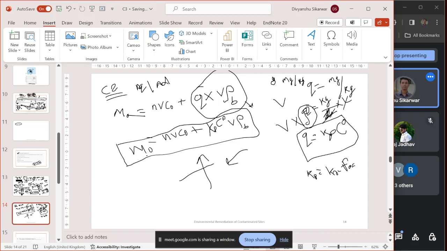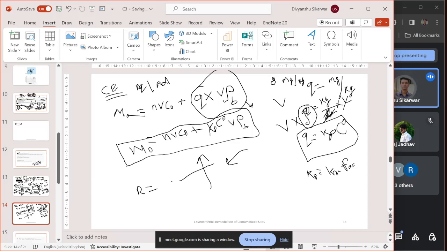So there will be a time difference if the contaminant is only aqueous as compared to if the contaminant is aqueous as well as adsorbed. That extra time which is required, we can calculate in the form of retardation, basically retardation factor. Because of the adsorption of the contaminant on soil, there is retardation in the removal of the contaminant.